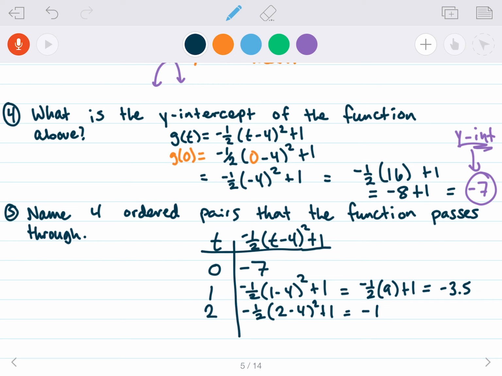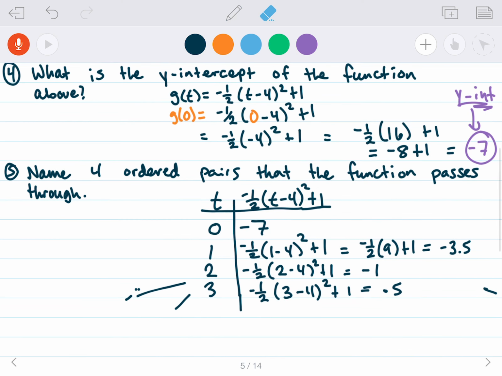Okay. And finally, we'll do 3. So I'm plugging in 3 for t. Okay, and I get 0.5 or 1/2.